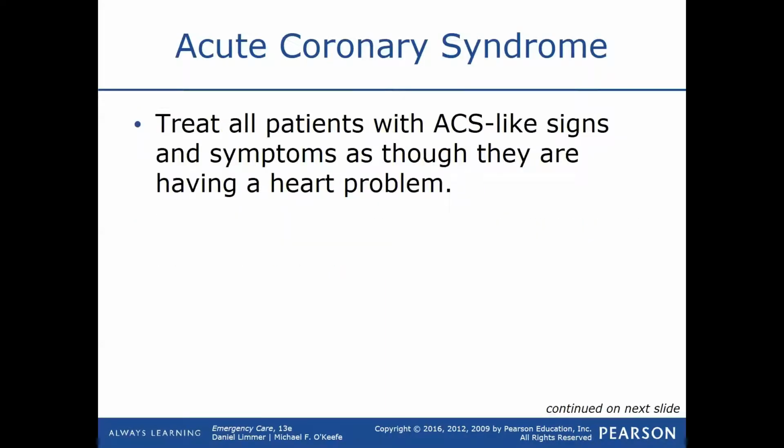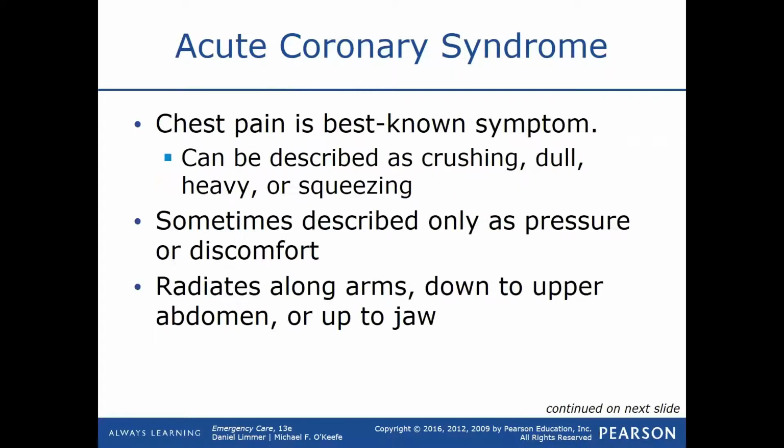Treat all patients with acute coronary syndrome like they have signs and symptoms of a cardiac issue, because it is a cardiac issue, affecting blood supply to the heart itself. Chest pain, and we said chest pain when it's connected to the heart is called angina, right?